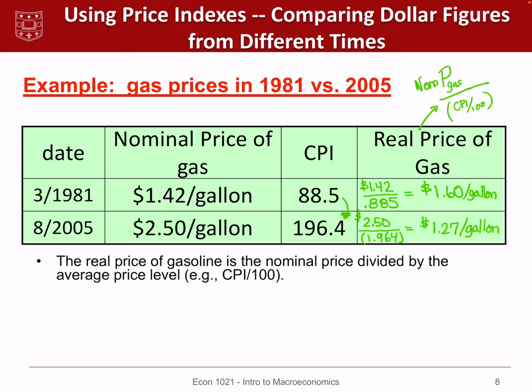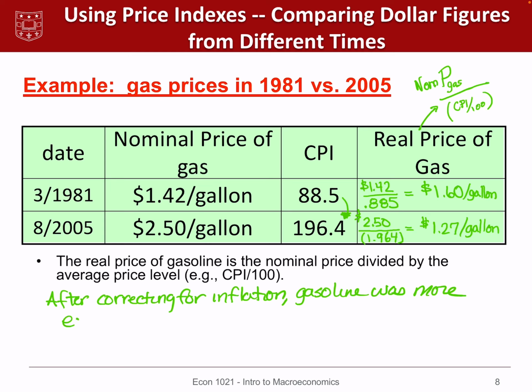And so what do we conclude from that? Of course, we would conclude that after correcting for inflation, gasoline was more expensive in 1981, specifically March of 1981, compared to August of 2005.